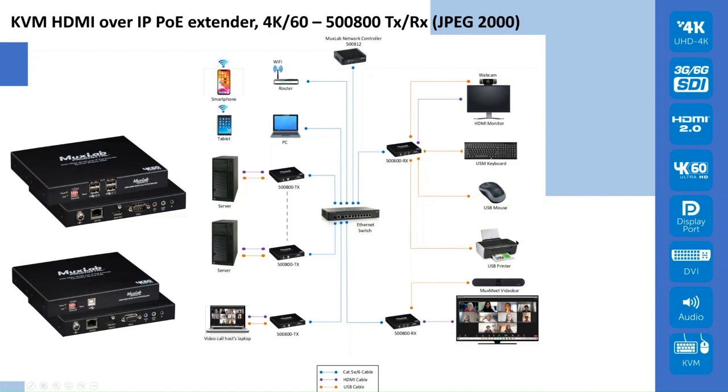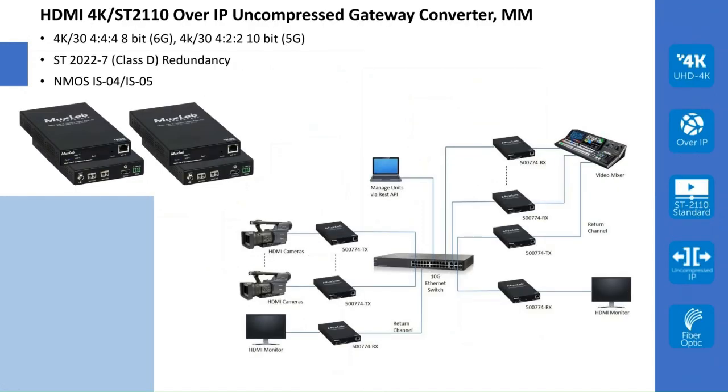If you want to use the 2110 idea, which means I'm going to separate the video, audio, ancillary, and timing so that I can play with them and bring them back together again, then we have a solution here where, for example, we have two HDMI cameras sending two different signals into the network, and we're taking them out with these two receivers into a video mixer.